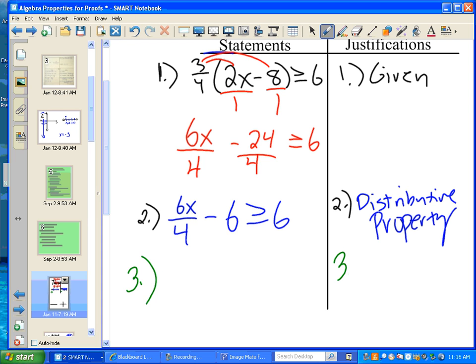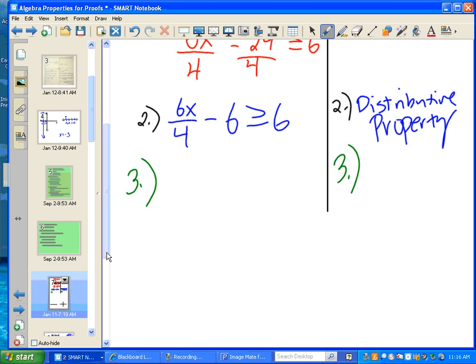Carly, what would you do next if we were just solving this normally? Good job. So now we need to add 6 to both sides. It's going to cancel here. We're left with 6x over 4 greater than or equal to 12. Daniela, what is the justification or reason for how we got from step 2 to step 3? Good job.